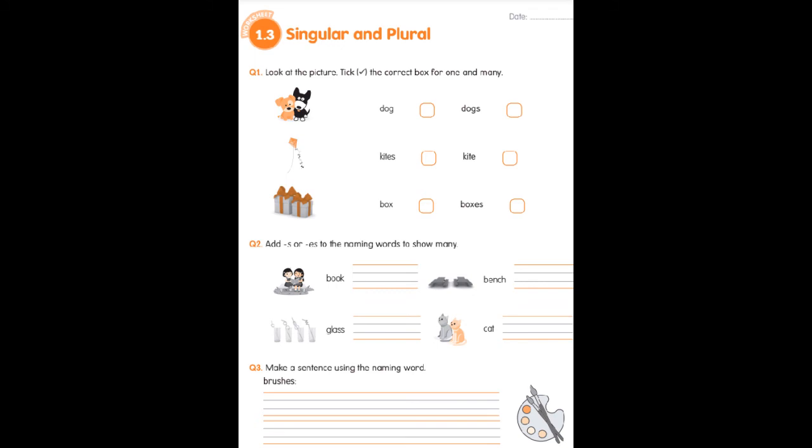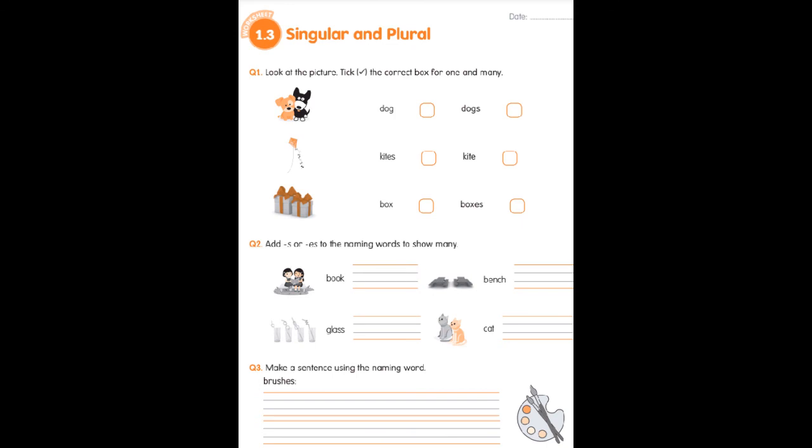Minimum one more sentence you have to write down. Now here the example is, I have 2 brushes that I use to paint. Now here the word is simple, which is common for you all, but the next sentence you are going to make, I want each and every one to write this second sentence. First is, I have 2 brushes that I use to paint, and now the second sentence you make of your own choice.